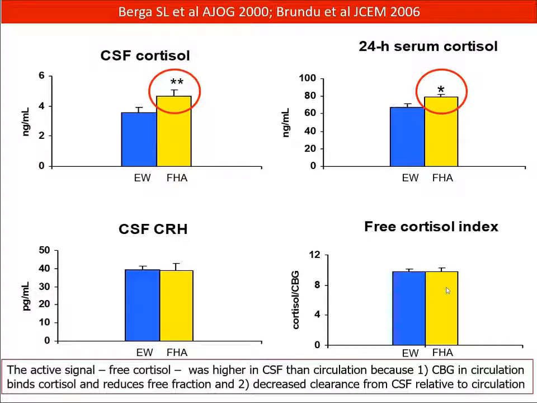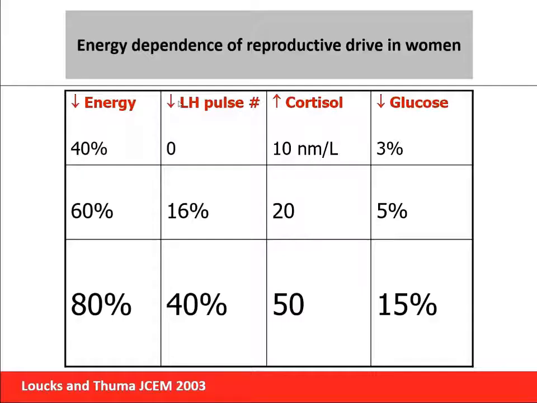So there will be a bigger increase in the total cortisol than the free cortisol, and again, that's to protect the body. But inside the brain, there is really a large message because this is free cortisol. The brain doesn't have these binding proteins. And so you have a rather profound signal to the brain that the individual's in a state of chronic stress. And these all travel together.